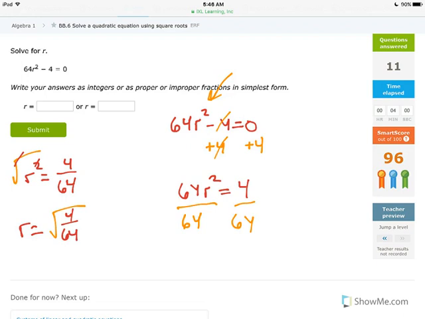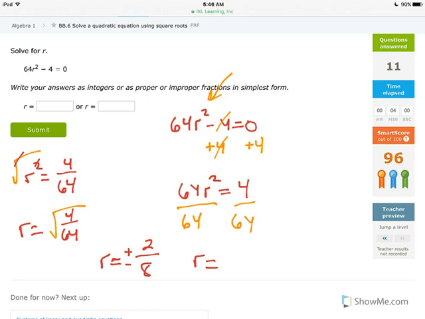So the square root of the 4 up top is 2. And the square root of the 64 is 8. And don't forget you need your plus and your minus, since they're both going to work, both the positive and the negative.